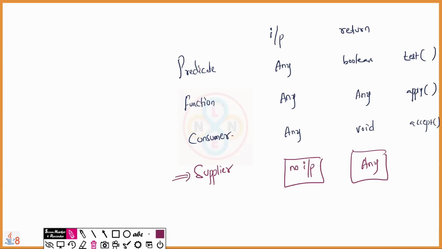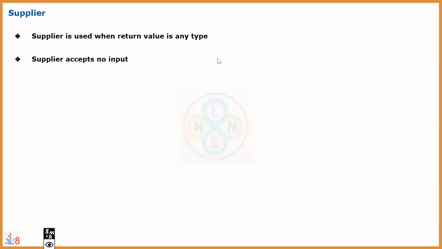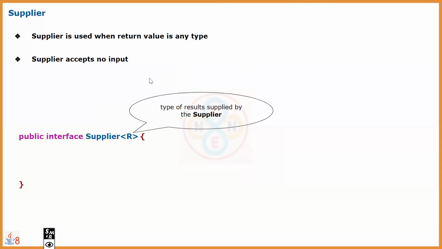Let's understand the Supplier syntax and also the method in which it is present. Supplier is another predefined functional interface, which is used when the return value is any return type and with no input. Supplier accepts no input. The syntax of Supplier is generic, so this R is the return type you have to mention, because there is no input for the Supplier.